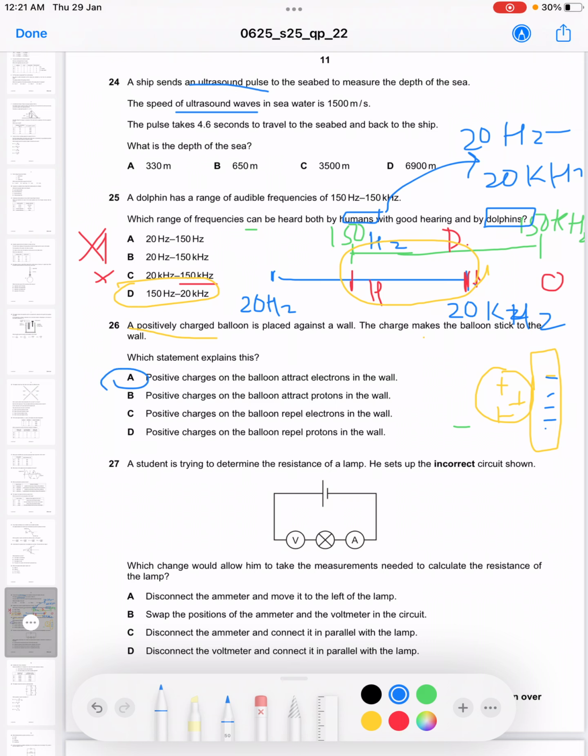Now come to question number 27. A student is trying to determine the resistance of the lamp, and he set up an incorrect circuit. Which changes would allow him to take the measurements needed to calculate the resistance of the lamp? So resistance: V equals IR and R equals V by I. So we need voltage and we need current to get the resistance.